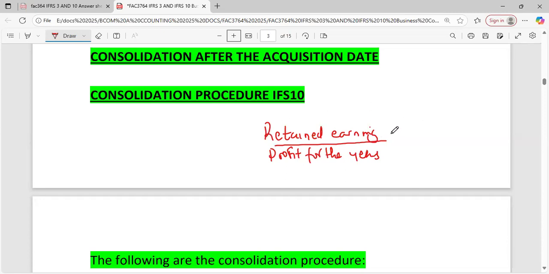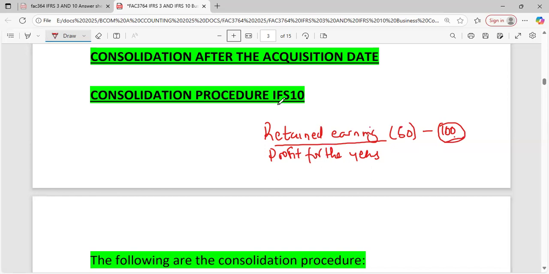So if at acquisition the retained earnings was, let's say, 50, and at consolidation the retained earnings is now 100, it means since acquisition the company has made a profit of 50. That 50 is not going to be part of the equity of the subsidiary at consolidation. It is going to be profit shared between the subsidiary and the parent.